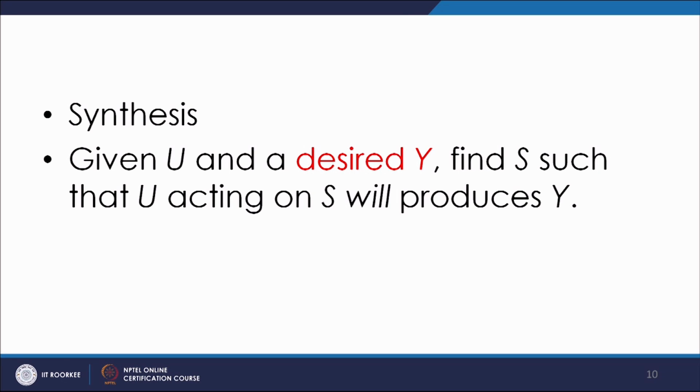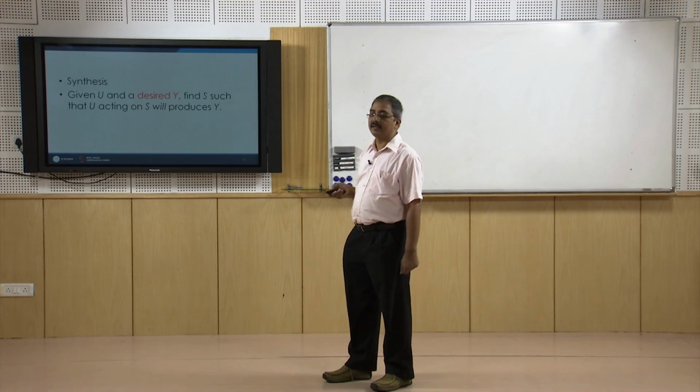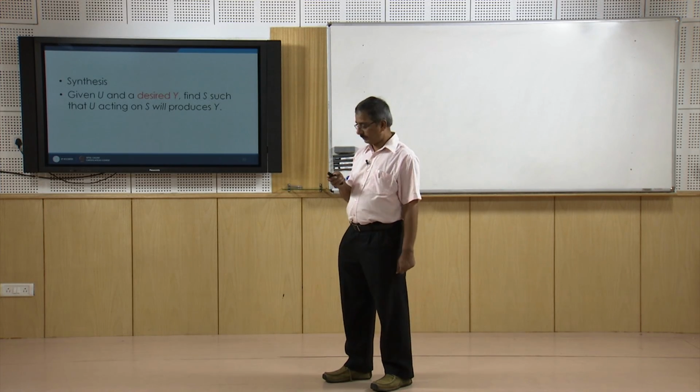For this condition we can find out S, that is the system, such that when the input is acting on the system, it will produce the desired output, and this is what is called system synthesis.